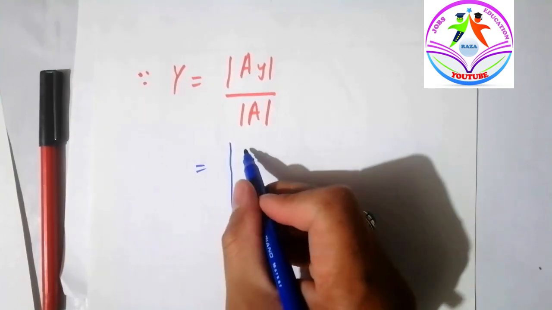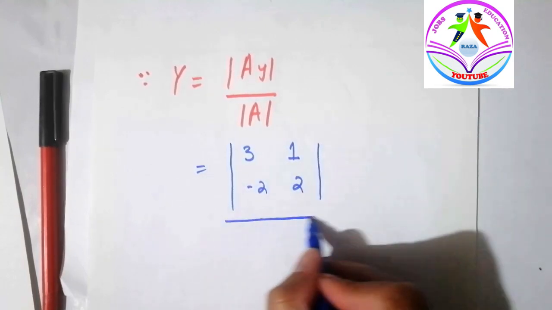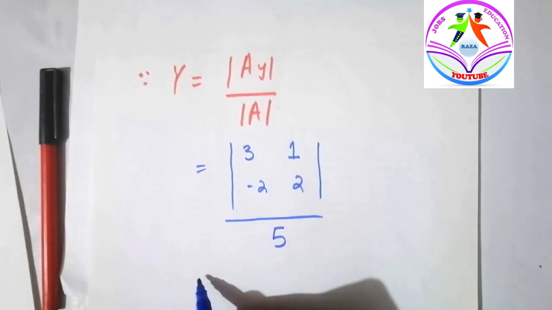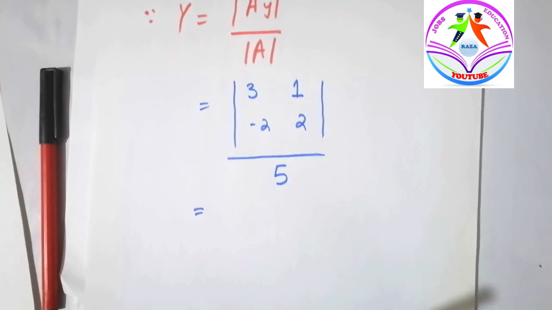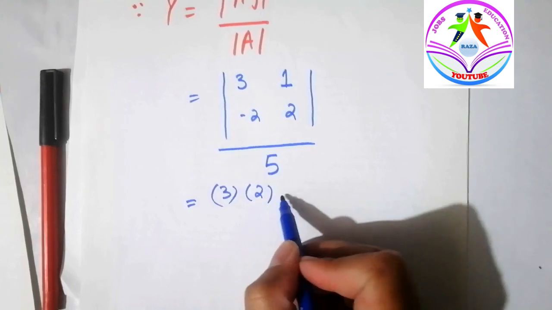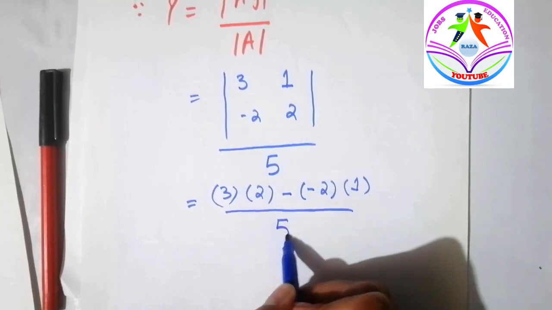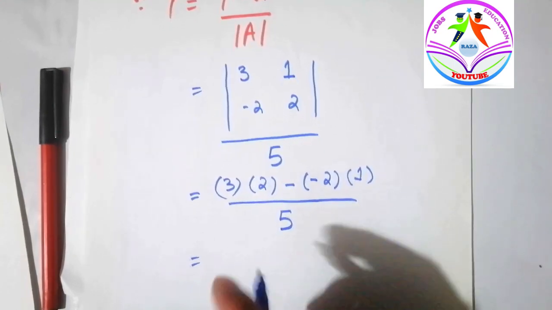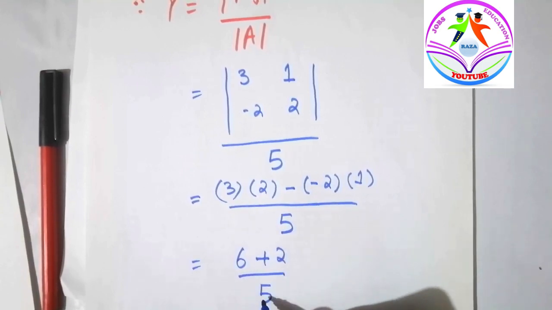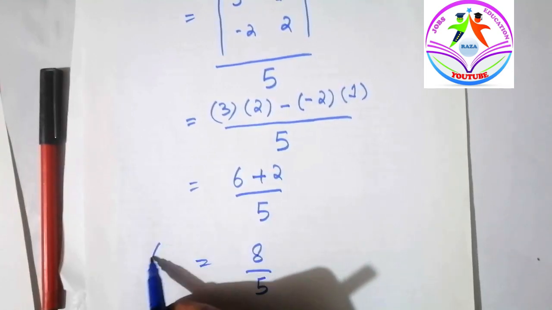AY is equal to [3, 1; minus 2, 2]. So we can write it like that here, divided by the determinant of A that we already found, which is 5. We find the determinant of AY, again in a cross form: 3 into 2 minus minus 2 into 1, divided by 5. Now calculate it: 6 plus 2, divided by 5. So this is 8 divided by 5. So this is our y value.